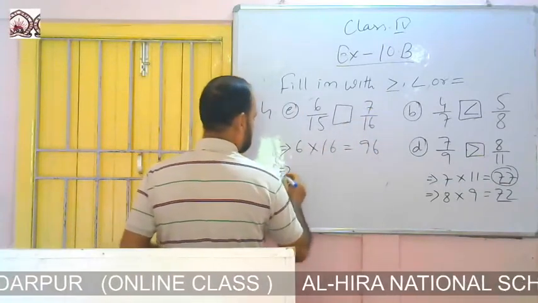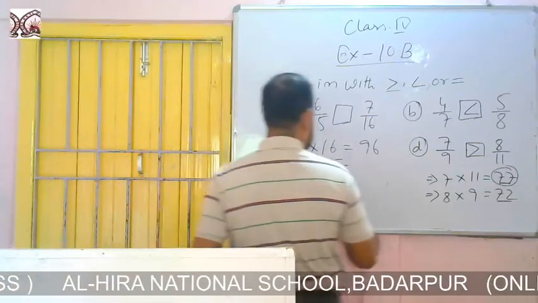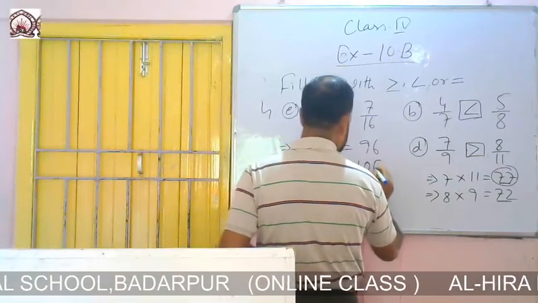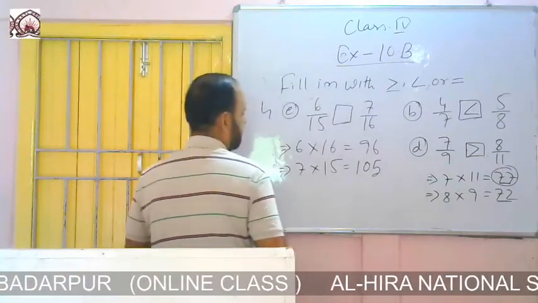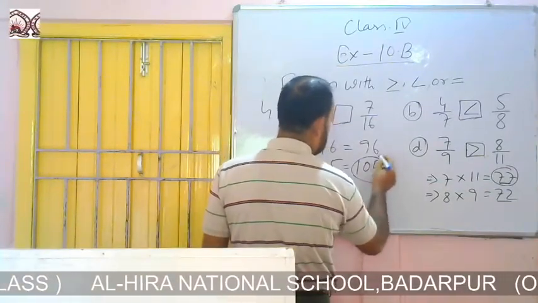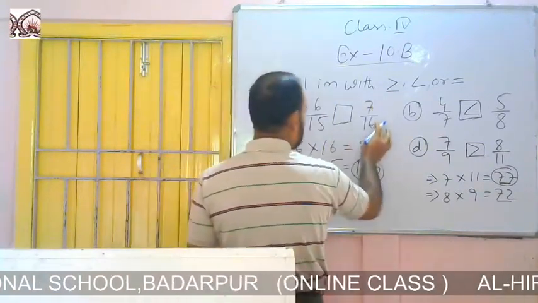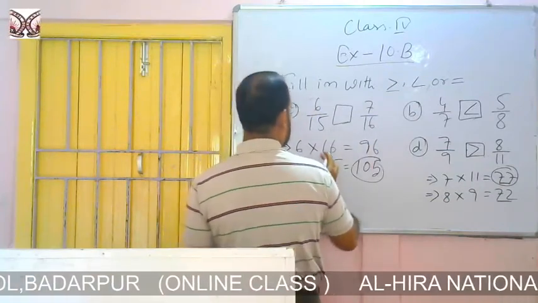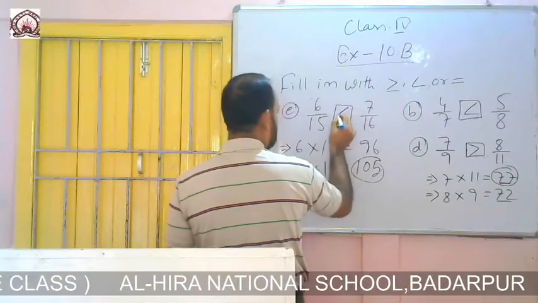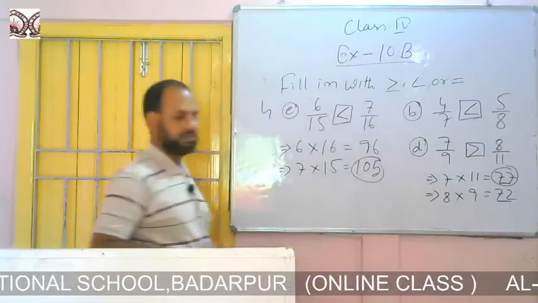Next, 7 into 15, 7 15 are 105. So here the product of the second fraction is 105 and here it is 96. So 105 is big. So 7 by 16 is bigger than 6 by 15. So we write 6 by 15 is less than 7 by 16.